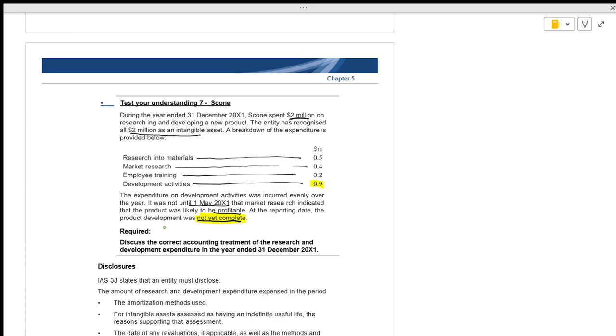It is the initial 4 months, from 1st of January 2001 to 1st of May 2001: January, February, March and April. Now what we have to take, and what has to be expensed, according to the requirements.